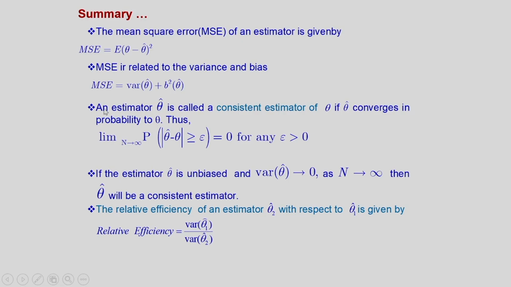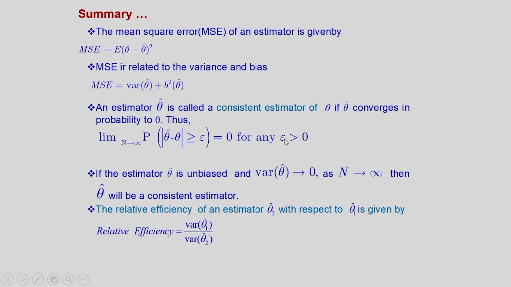Then we defined consistent estimator. An estimator theta hat is called a consistent estimator of theta if theta hat converges in probability to theta. Thus, limit as n tends to infinity of probability of the deviation theta hat minus theta greater than or equal to epsilon is equal to 0 for any epsilon greater than 0.